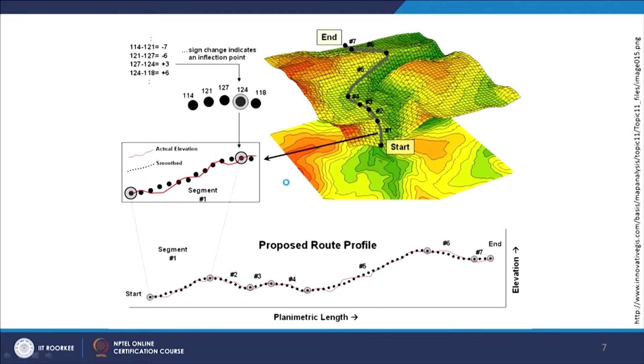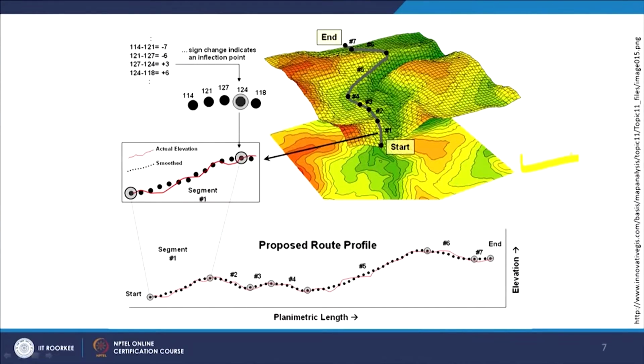Now, this is a very typical example of route alignment along an arbitrary line. Of course, route alignment, whether it is for a railway, a road, a canal, a power channel of a hydropower project, or maybe a trail for human movement, can be many things.